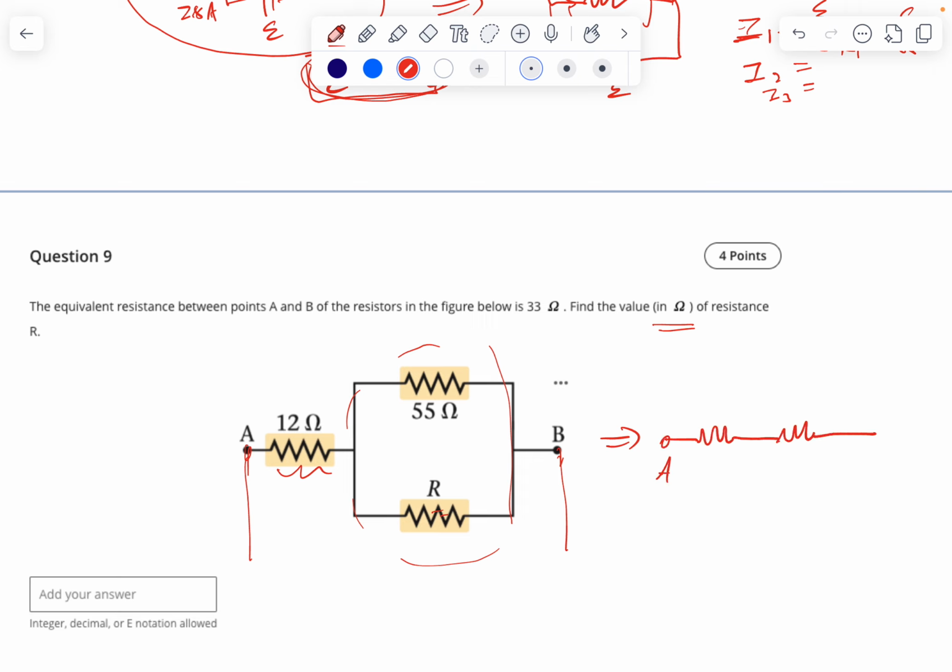Okay, so this is A, this is B. You see, this is 12 ohm, and what is this? This is actually the 55 and R combined together because they connect in parallel.